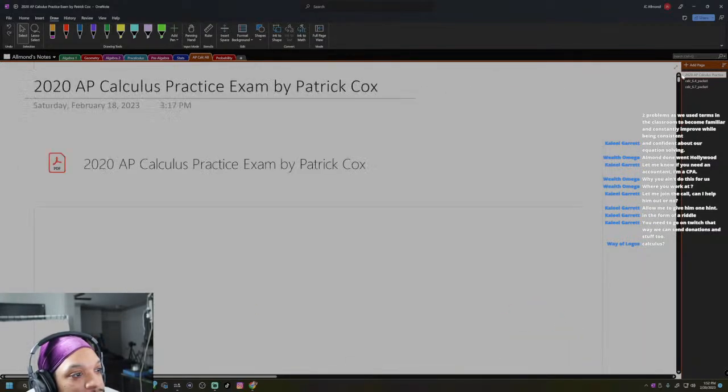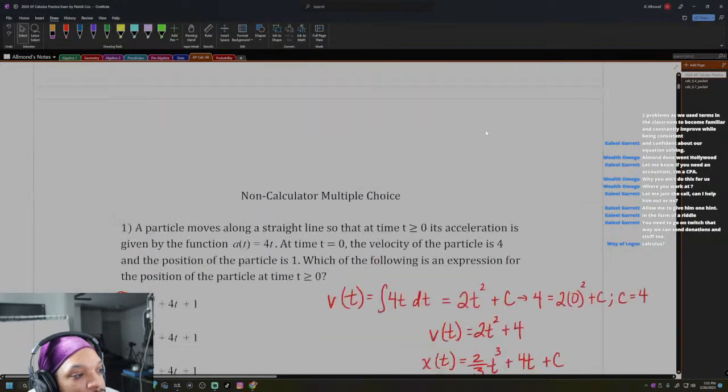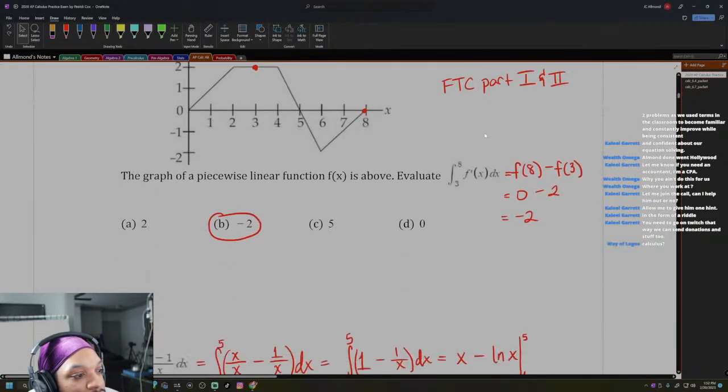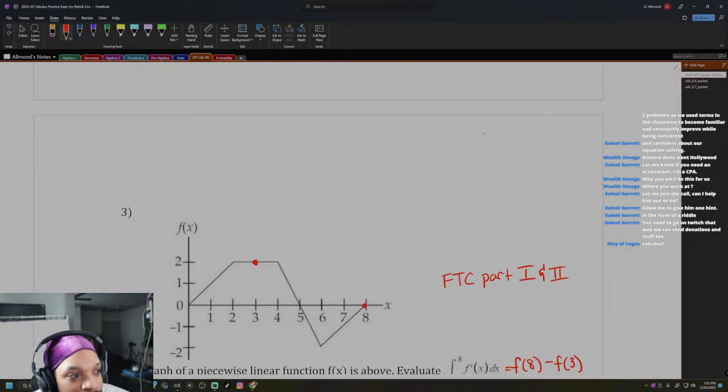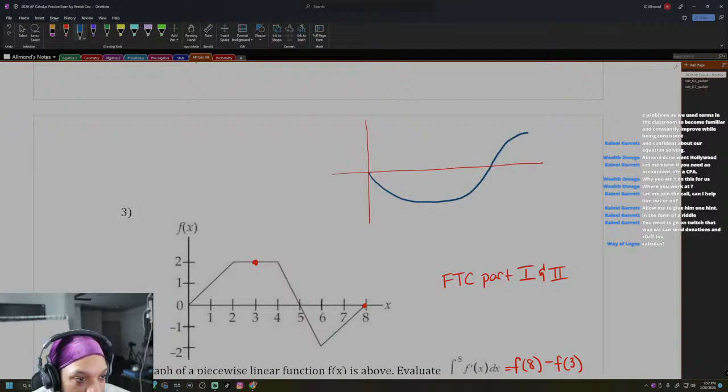I'll just sketch it right here. It was just like this, and this was 6, and this was f.